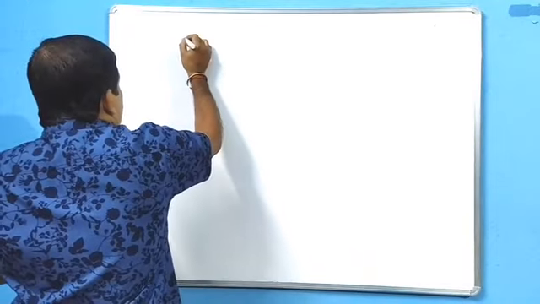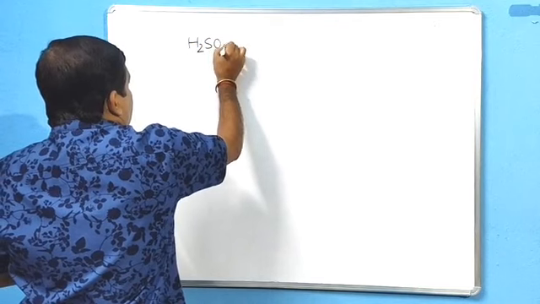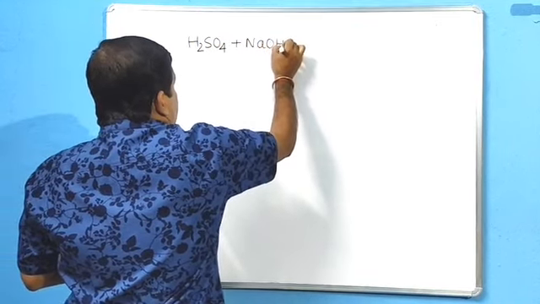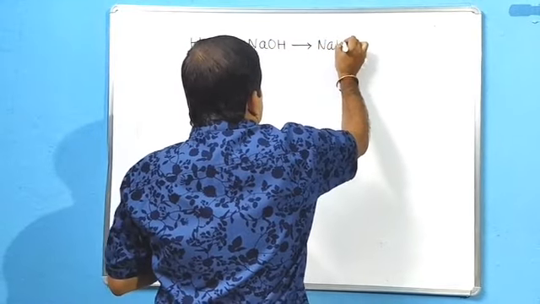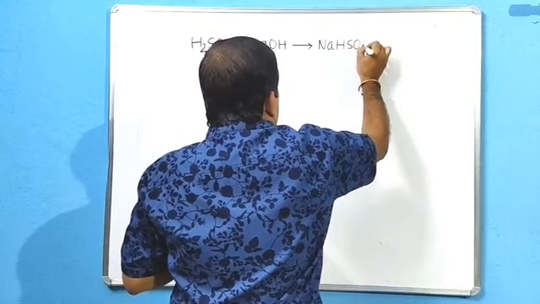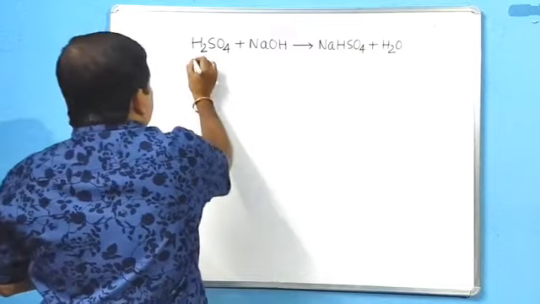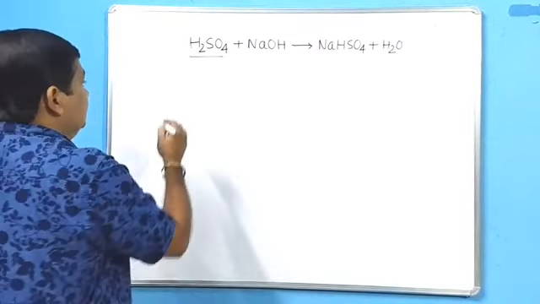For example, in reaction 1, sulfuric acid H2SO4 plus NaOH gives NaHSO4 plus H2O. We are asked to find out the equivalent mass of sulfuric acid here.